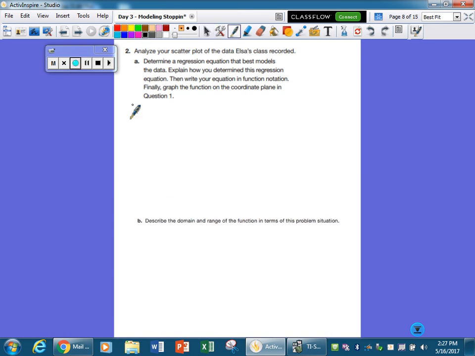So we're going to do linear. We're going to write the equation down for linear. We're going to write it down for exponential. And then we're going to write it down for quadratic. And again, remember, linear is 4, exponential is 0, and quadratic is 5.